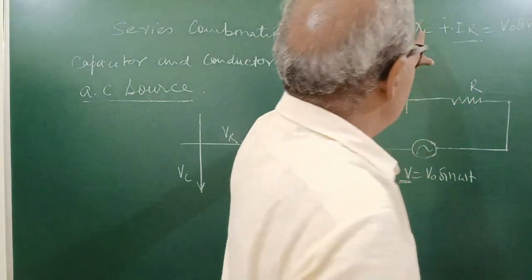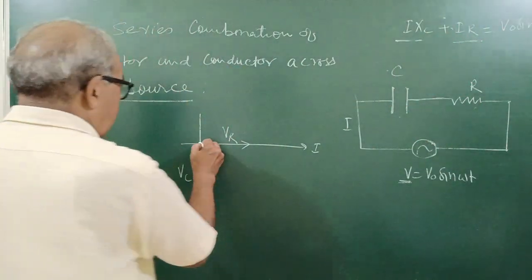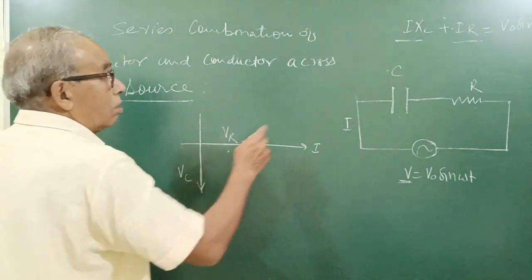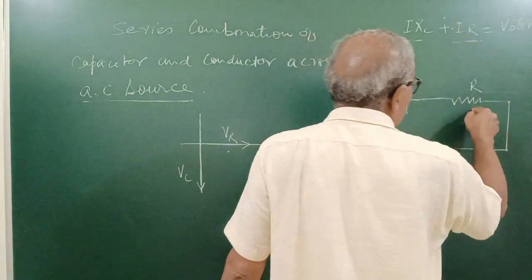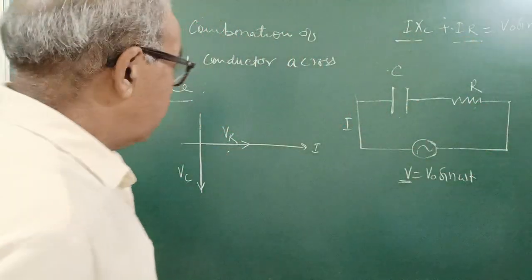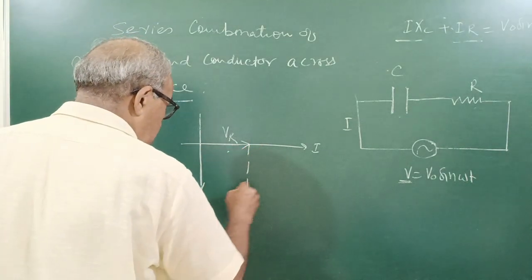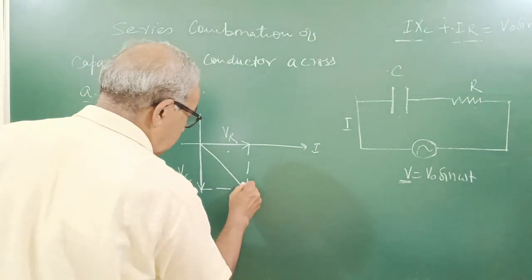XC is the capacitive reactance, and R is the resistance. But what are these? These are the RMS voltages. VC and VR are I XC, the voltage across the capacitor, and IR, the voltage across the resistor. Now the vector sum of these two will be given by this diagram.